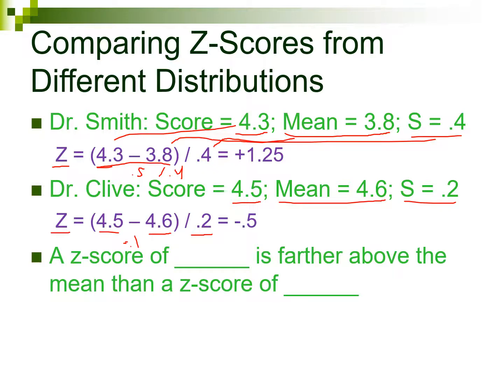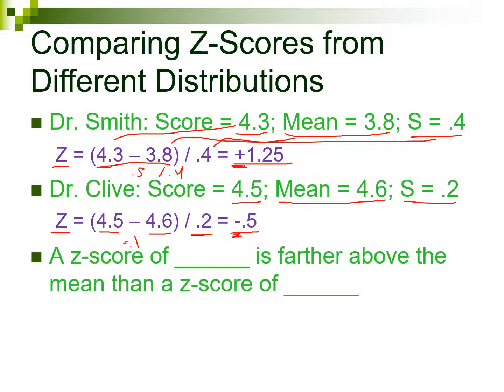So now the question we have is, which of these z-scores, 1.25 or negative 0.5, is farther above the mean of the distributions? Well, we know that this first z-score, 1.25, is positive, while this one down here is negative. So this z-score is above the mean of this distribution, whereas this z-score is below the mean of the distribution.